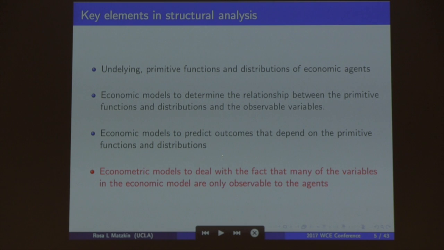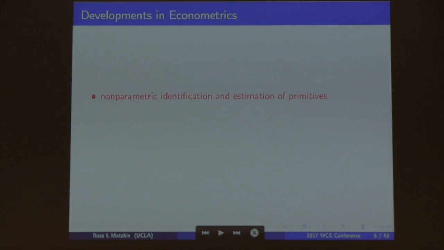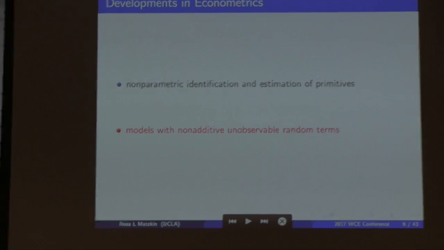So we have a lot of work in econometrics. Now the two main developments I'm going to talk about in terms of simultaneous equations are first, work on non-parametric identification of the underlying functions, and then models with non-additive unobservable random terms.